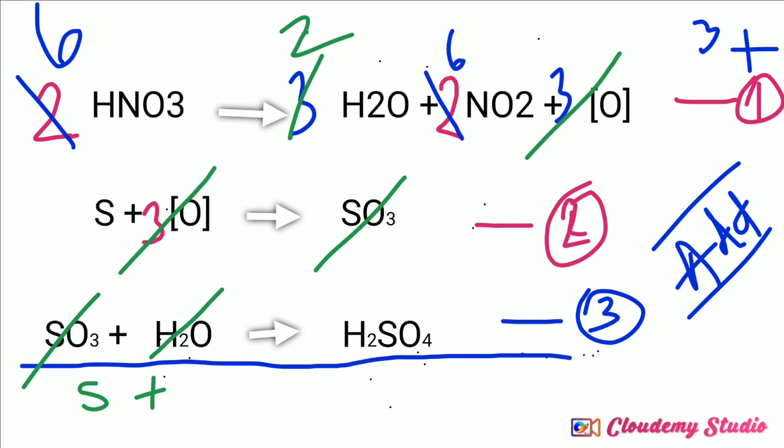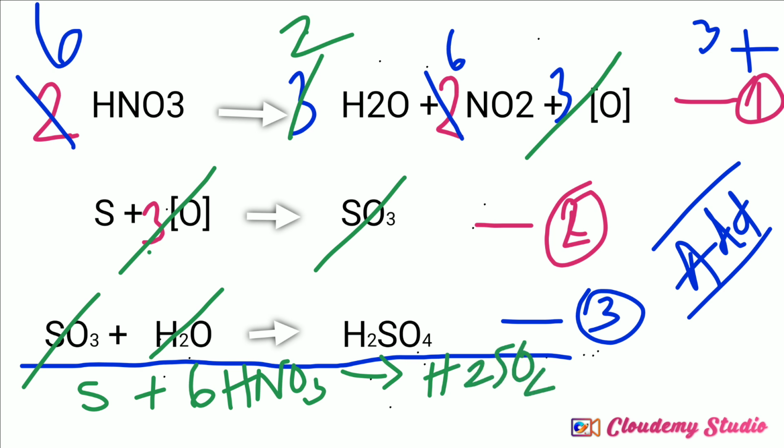So now at the left hand side, after the sulfur, what else is left out? 6 moles of nitric acid. So now we can write 6 moles of nitric acid, 6HNO3. 6HNO3 gives, at the right hand side, what are the substances left out? H2SO4, at the third equation.